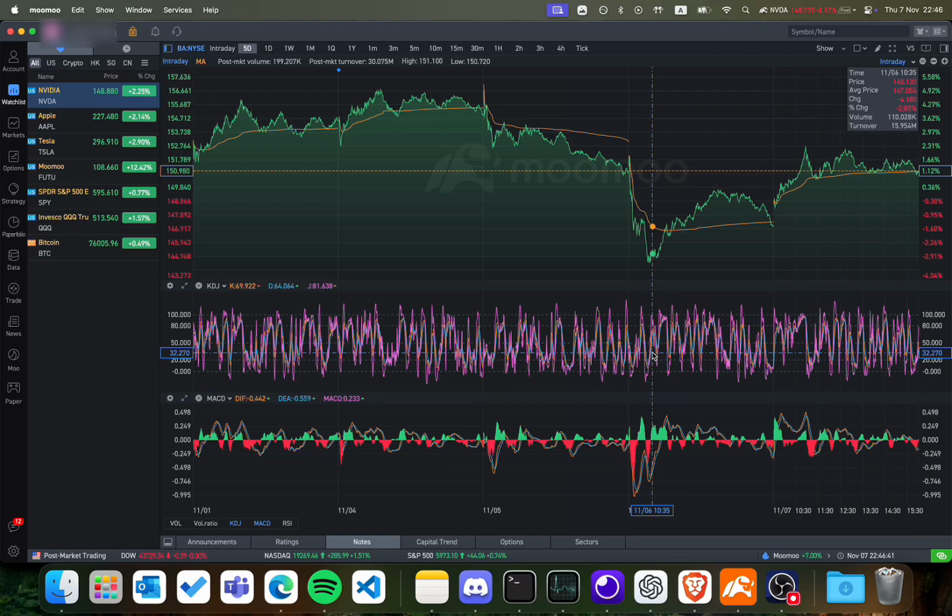If you wait until here, you see the J picks up, the MACD goes big green and up, then probably it's time to buy the dip, because at least from a momentum perspective, regardless of the fundamentals behind the stock, regardless of sentiment, you don't care about sentiment. From the price action, volume, the KDJ per se, people are buying in, or at least people behind this trade have confidence.